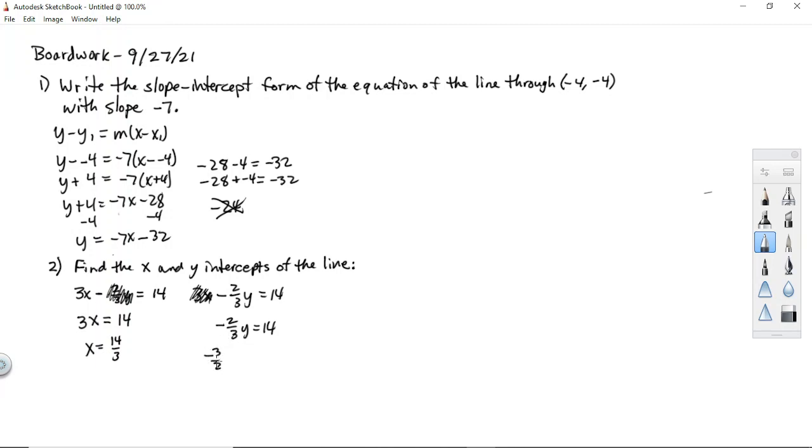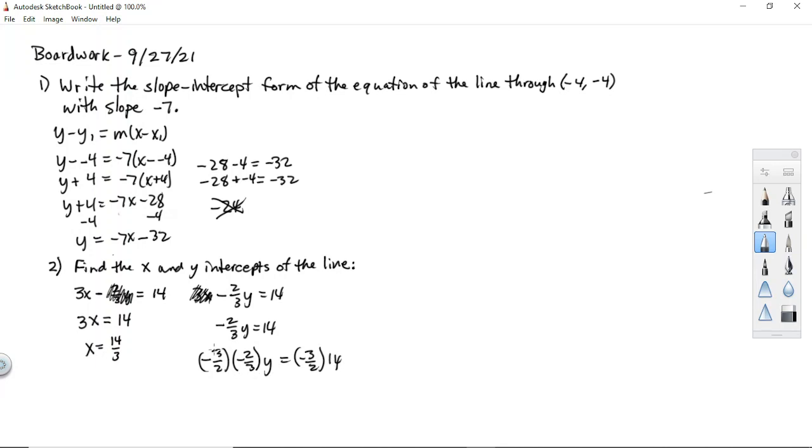Not the negative reciprocal like when you're talking about perpendicular slopes, just the actual reciprocal. The number that times negative 2/3 will give us 1. Okay, so that's negative 3/2. Multiply that times both sides. And on the other side, negative 3/2 times 14.